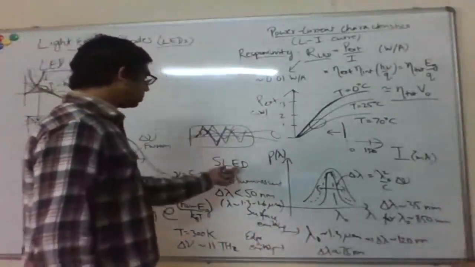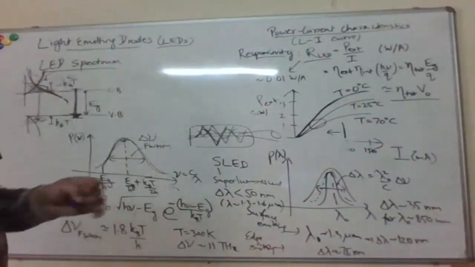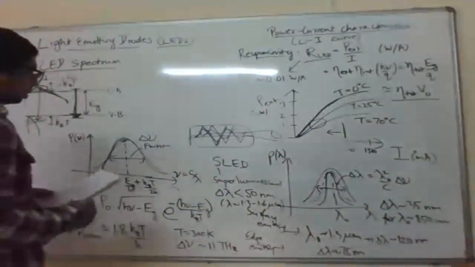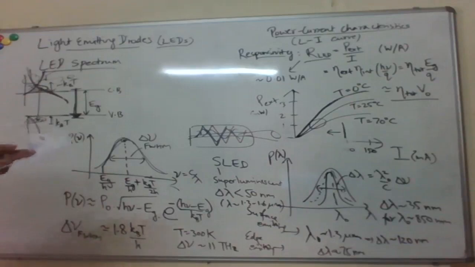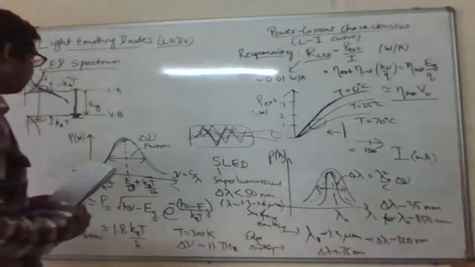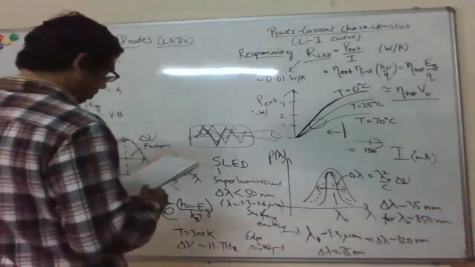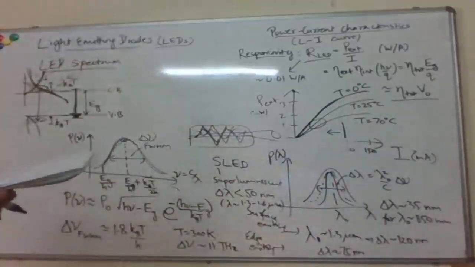So you can think of this SLED as being somewhere in between an LED and a laser diode. The best SLEDs maybe have 20 to 30 nanometer bandwidth, something like that.